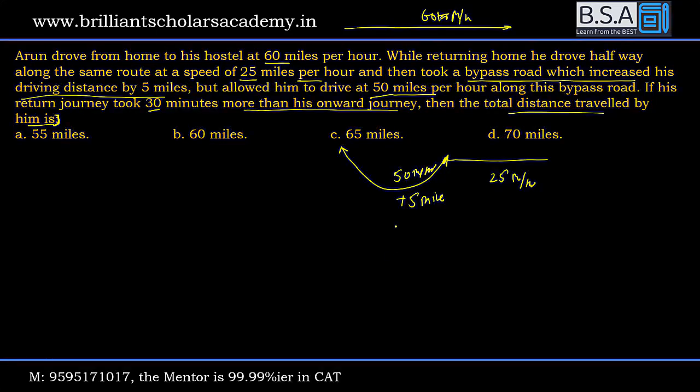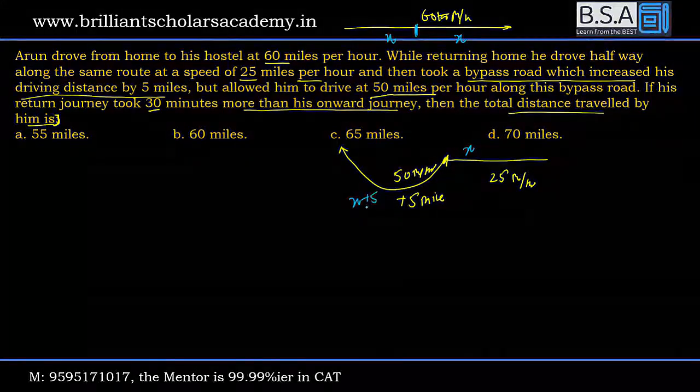So what happens now? His journey has taken half an hour more while returning. A lot of people start an equation and start calculating. Let me show you an observation. If this distance was x, this distance will also be x, this will be x, and this will be x plus 5.